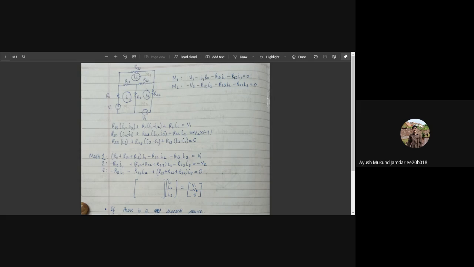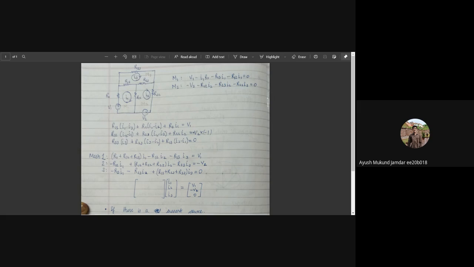And later in mesh 1, we have R12, and net current through it is I1 minus I2. So the potential drop again will be R12 times I1 minus I2. And this total energy should be equal to 0. So on rearranging this term, we will get R13 times I1 minus I3 plus R12 times I1 minus I2 plus R11 times I1, that is equal to V1, just as we just said.